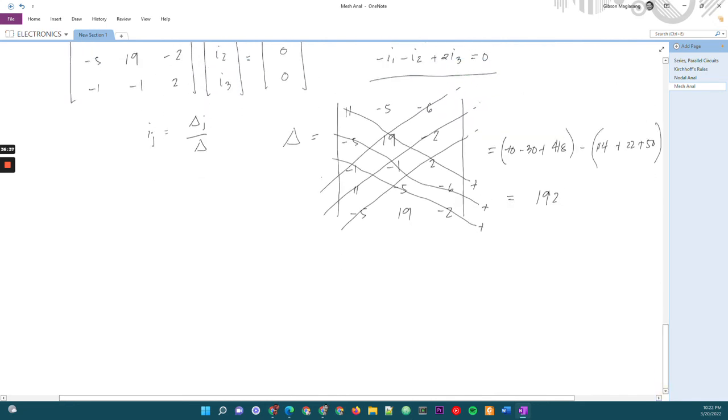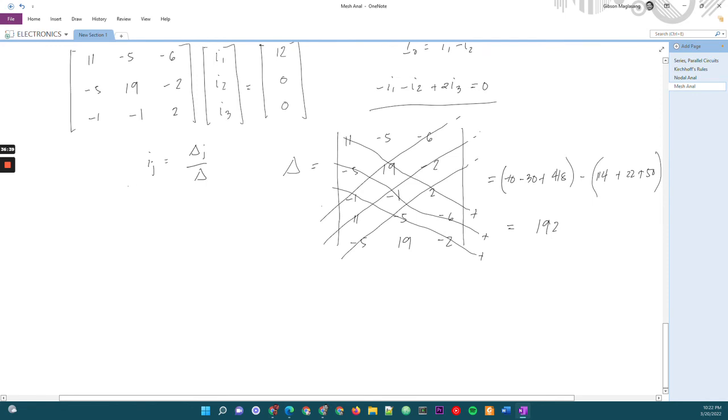Okay? Next is you get delta 1. For delta 1, you cover that column and replace it. So we have 12, 0, 0. Then you copy the rest: negative 5, 19, negative 1, negative 6, negative 2, then 2.